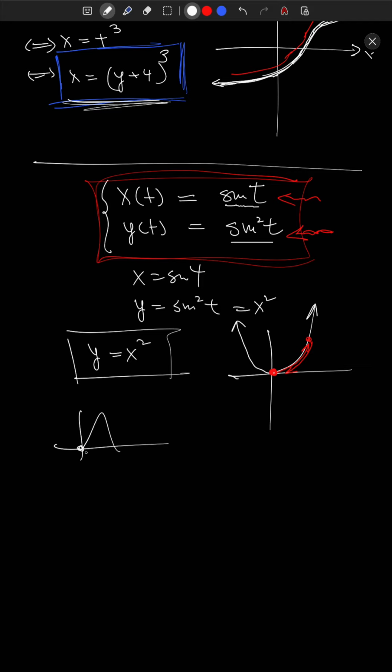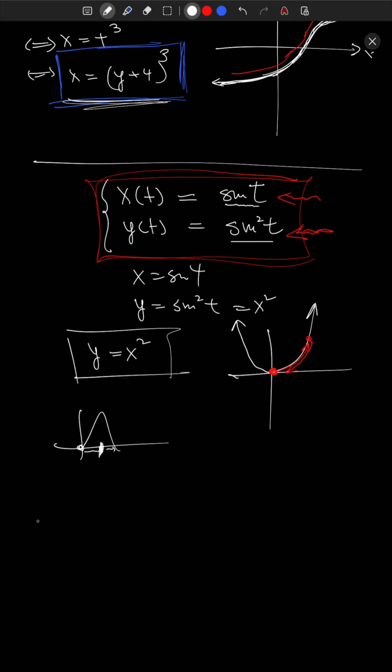So your x position will be getting bigger and bigger, but once you hit the time pi over 2, your x position will be getting smaller and smaller. So what's effectively happening is t equals 0 is here, t equals pi over 2 is right there, and then you're driving backwards, back to where you started. And then you're driving forward again, and then back where you started again, forward again, back where you started again.